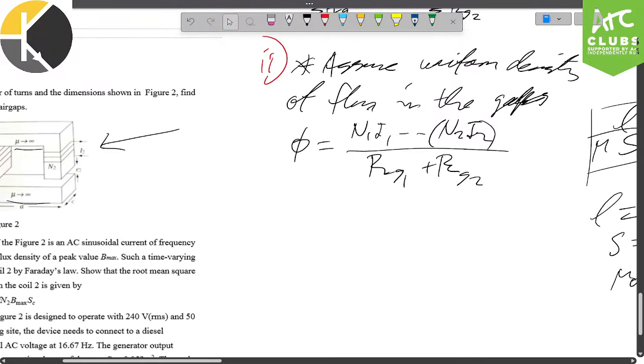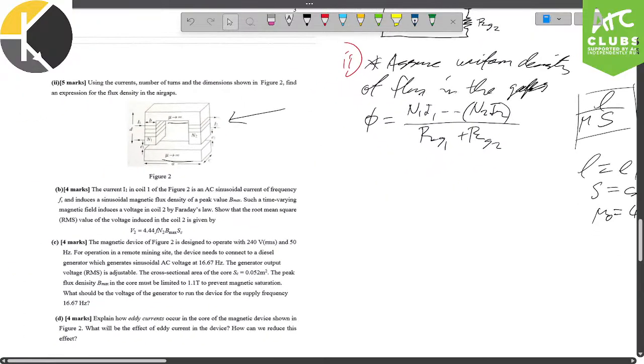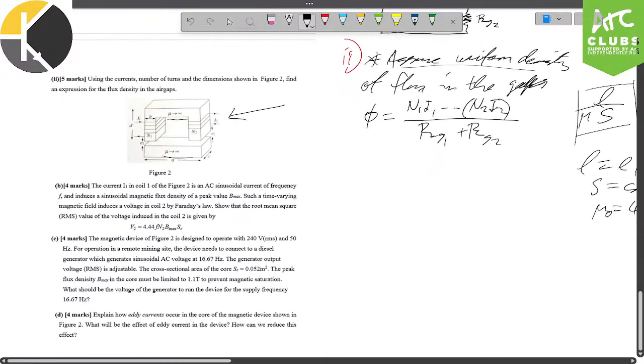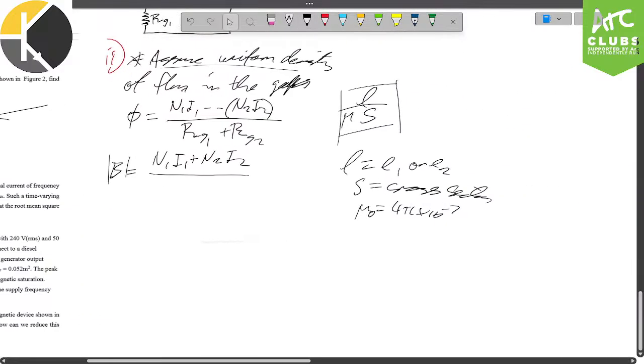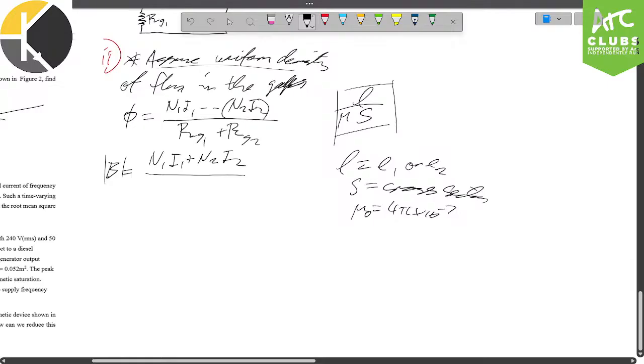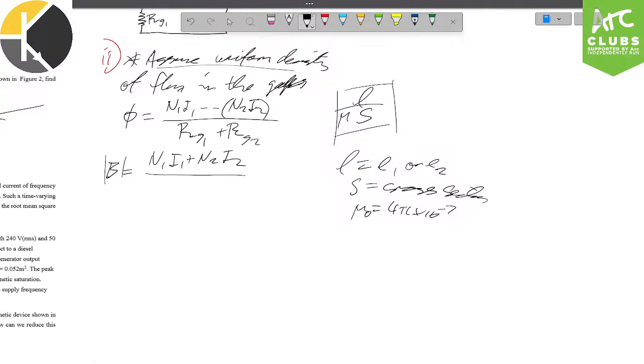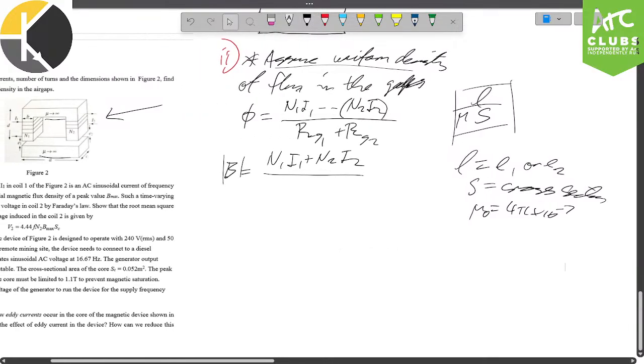Now we get something very funky. We need to talk about density. Remember, I said assuming uniform density. So we get B field, in magnitude, is going to be equal to N1 I1 plus N2 I2 on, remember, the cross section, that is going to be divided here.